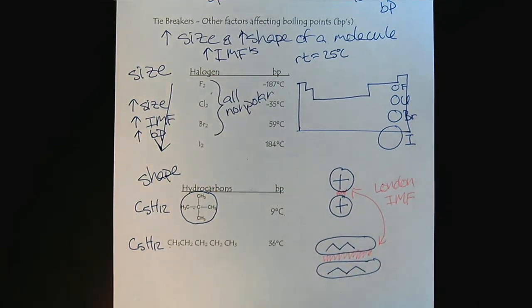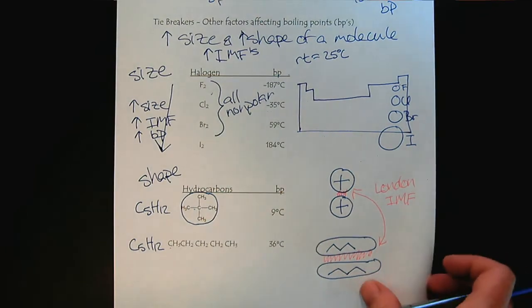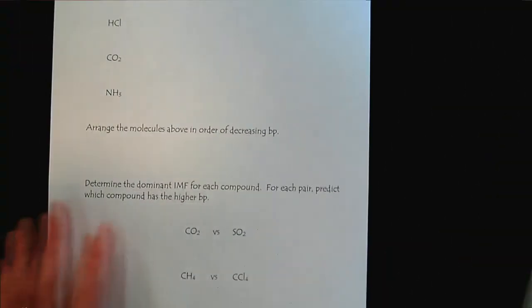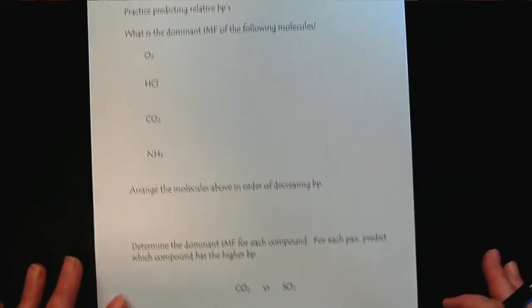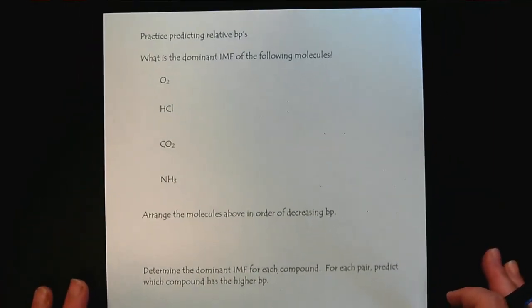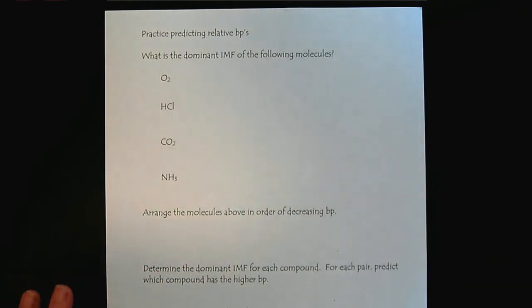Okay, now one last bit here is more fully looking at the practice of applying these skills. We have to look at this now, talking about boiling points. There starts to be a question behind the question. Anytime we're asked about boiling points, we're really being asked about intermolecular forces.